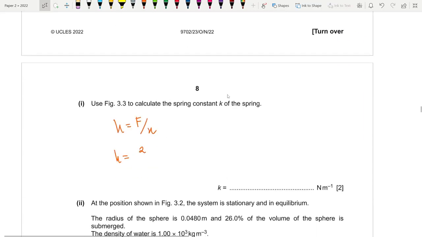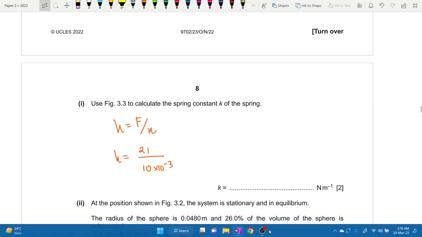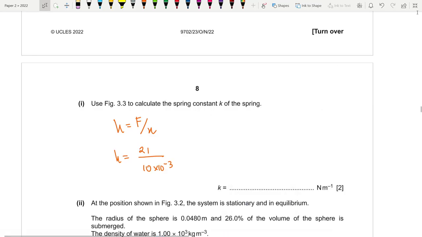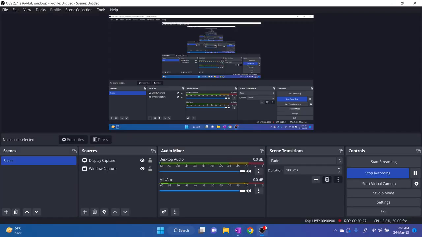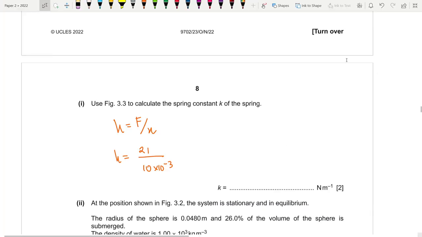So K is equal to 21 newtons divided by 10 millimeters, which is 10 times 10 to the power minus 3. Does that make sense? So we get a final value of 2100 newtons per meter.